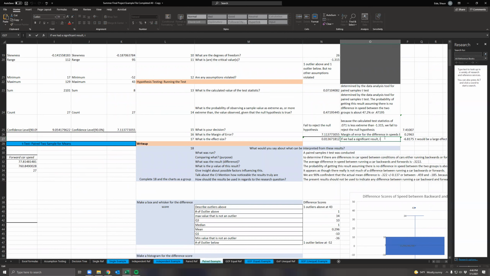And so if we had a significant result, it would yield a very small effect size. You would need a very large sample size to be able to observe a difference.